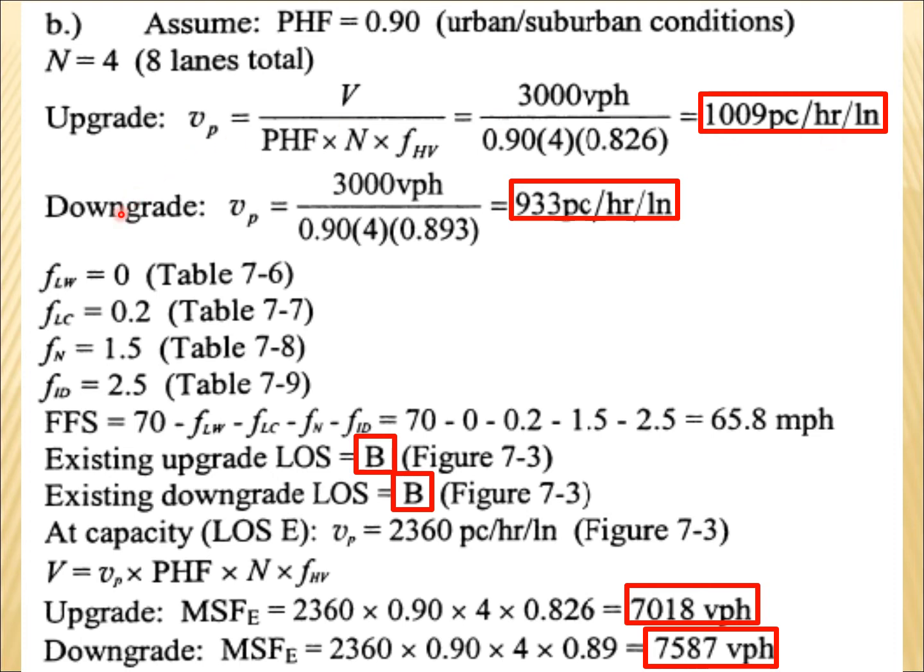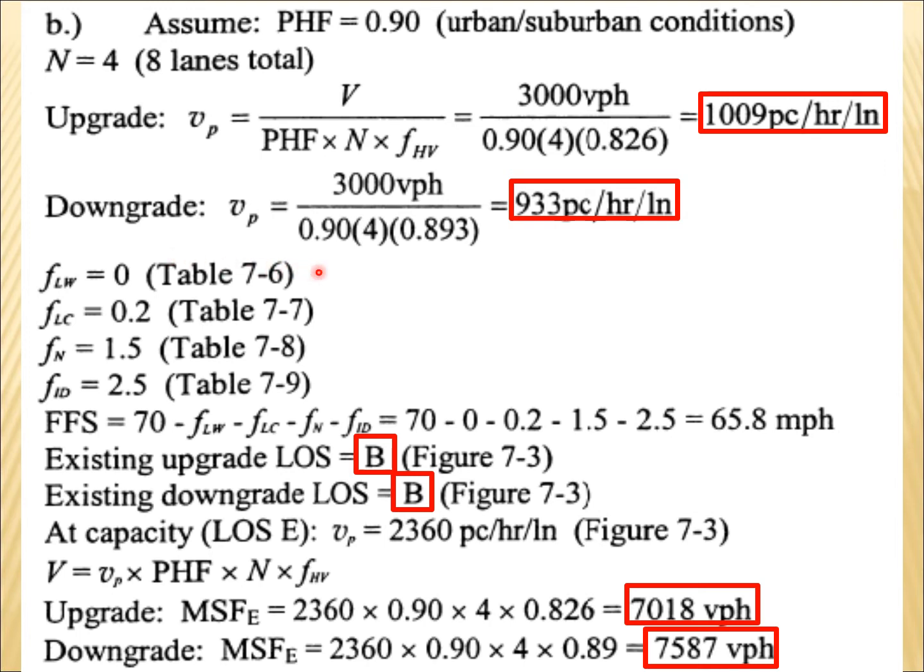Now considering the downgrade, V sub P using the same formula, but obviously you are having a different value of F sub HV over here, so you are getting the answer 933 passenger car per hour per lane.